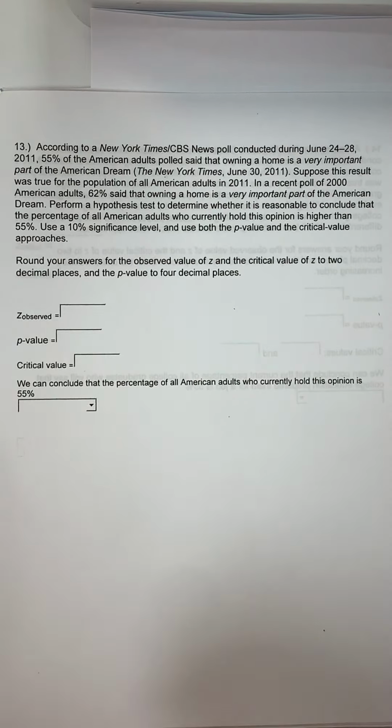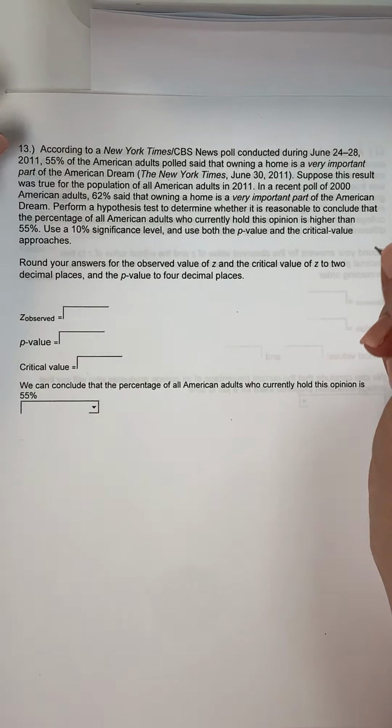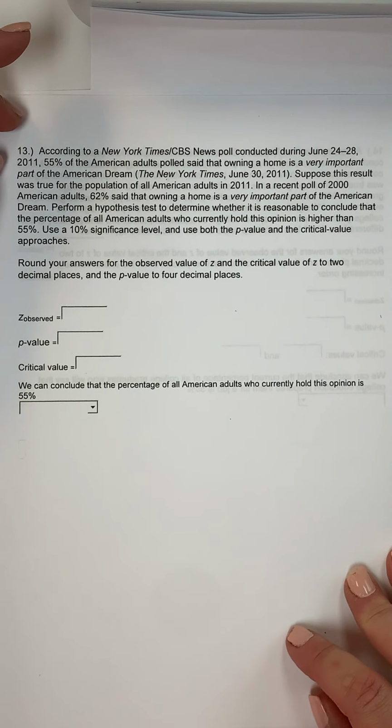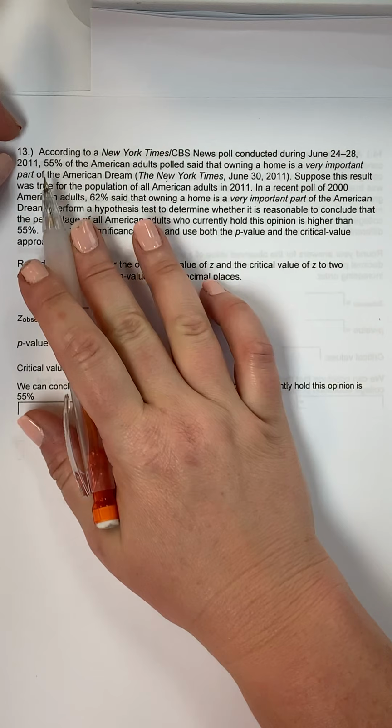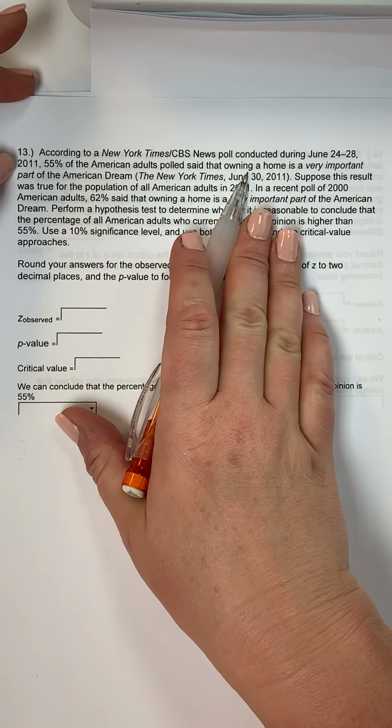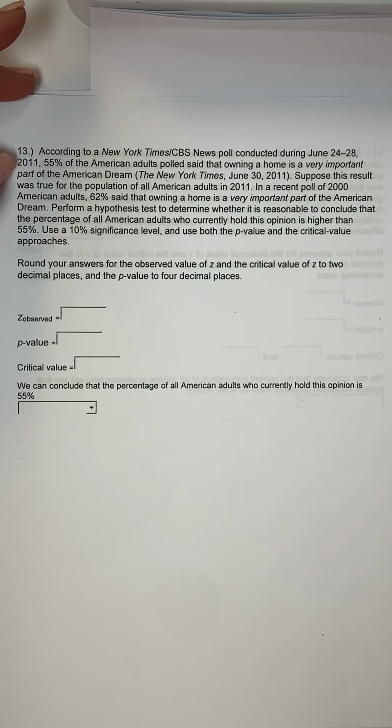Let's read number 13. According to a New York Times CBS News poll conducted during June 24th through the 28th of 2011, 55% of the American adults polled said that owning a home is a very important part of the American dream.